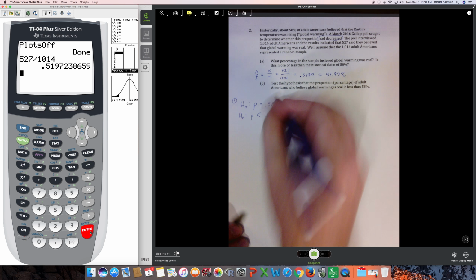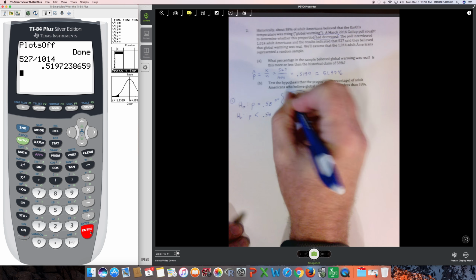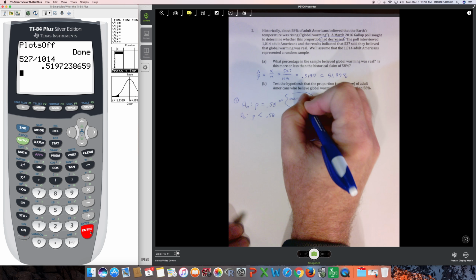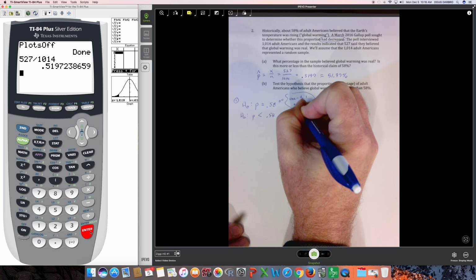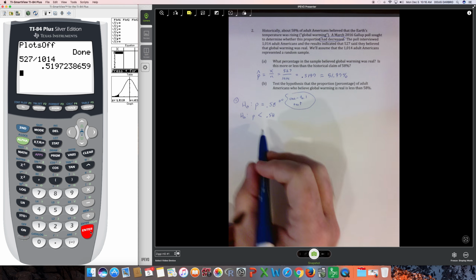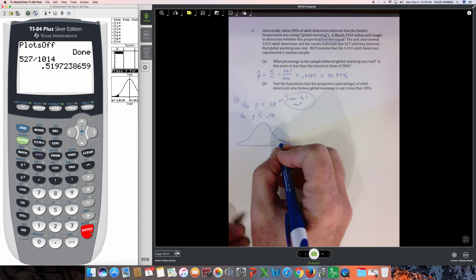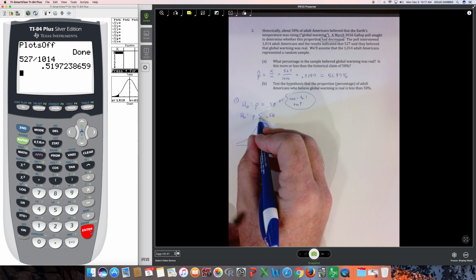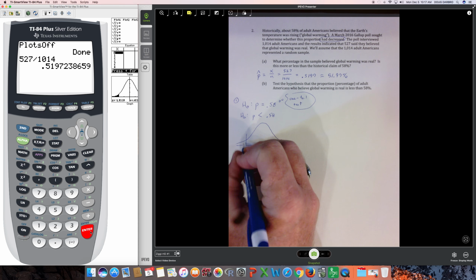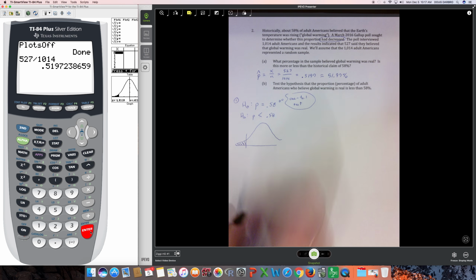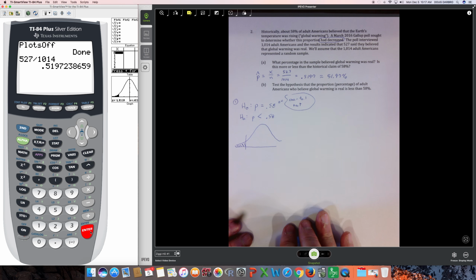So guys, I've got a one-tail test. And my rejection region is going to be less than, to the left. So my p-value calculation is going to be calculated in the left-hand tail.